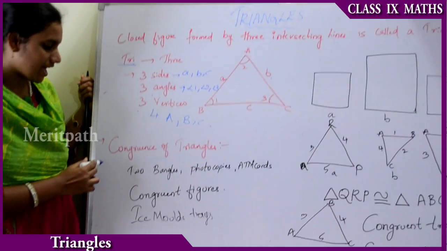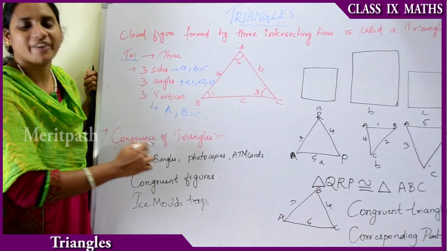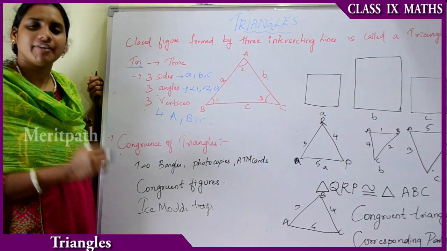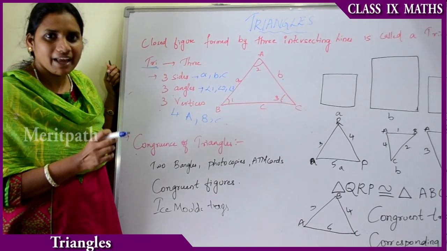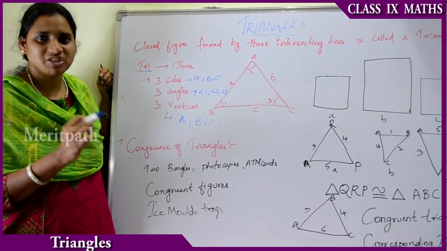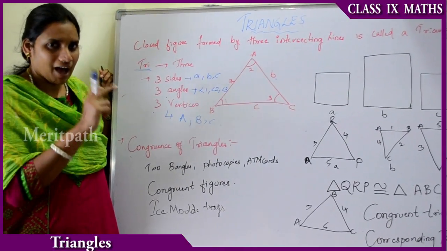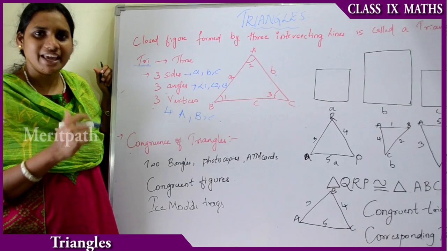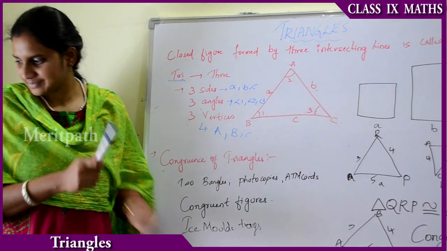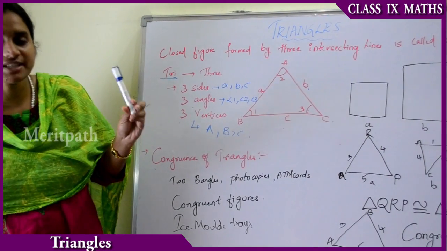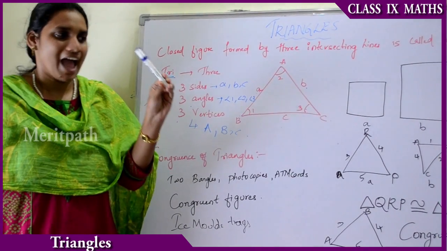Now let us see the congruency of triangles. For example, let us take two bangles of the same type, same size, same shape and same design. Are they both similar to each other? Yes. Let us take one more example, this blue pen and at the same time one more similar pen of the same color and same size.